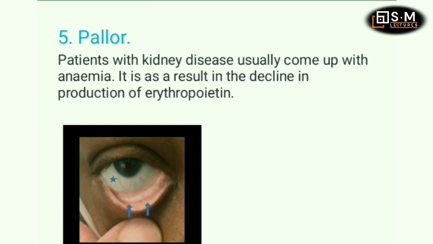So the sign of anemia that we'll see in the patient by physical examination is pallor. This pallor can be checked from the conjunctiva of the eye. If you look at this picture, the conjunctiva is pale, which means that the individual has anemia.